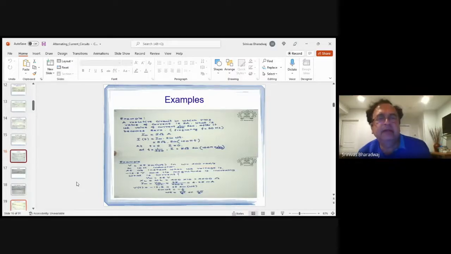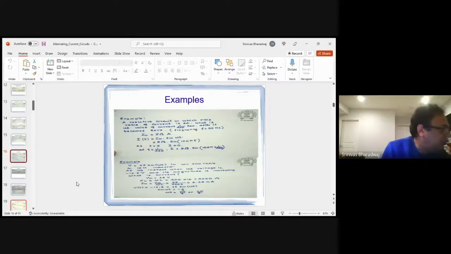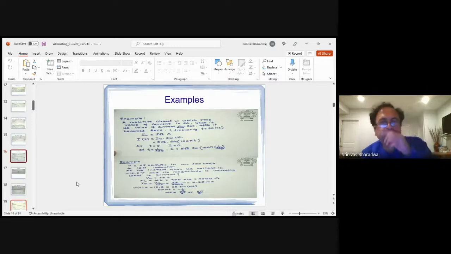Now, similarly, if the voltage is in omega equals 400 rad per second across a 10 Henry inductor, at the instant when the voltage is minus 12.5 and its magnitude is increasing, what is the current?